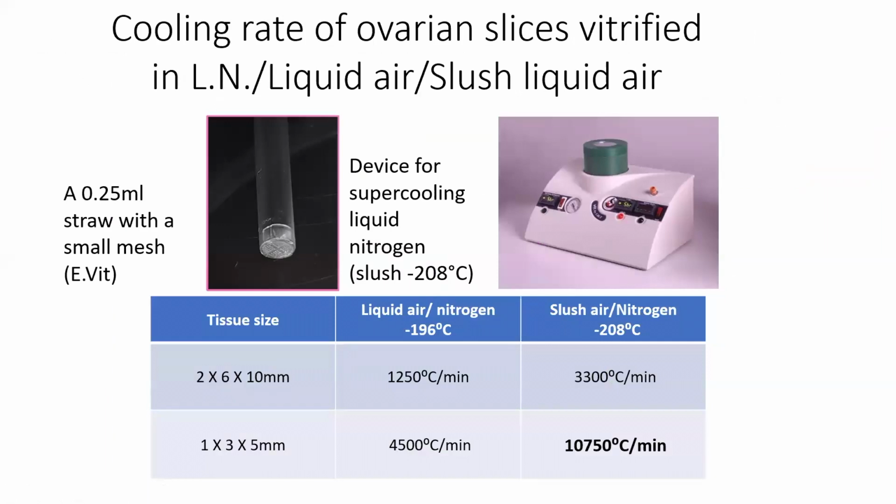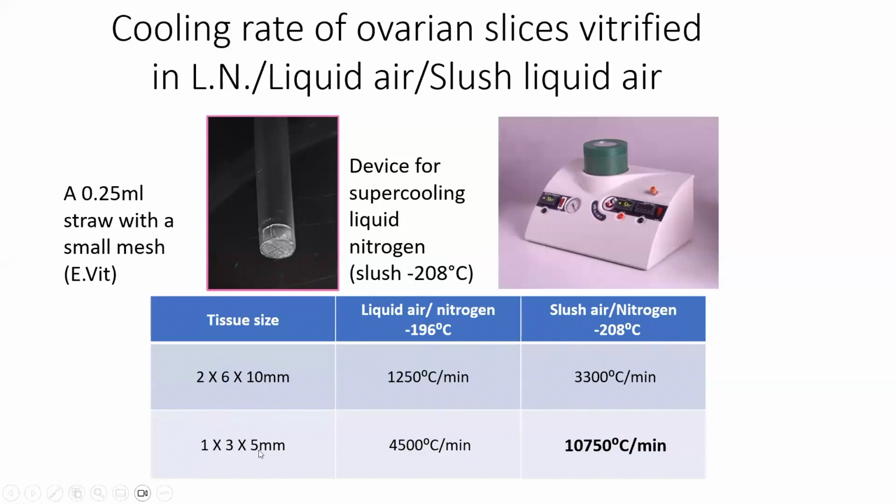So, temperature measurements with different sizes of tissue. We compared the large size of 2 to 6 to 10 millimeters with liquid nitrogen cooling to slush liquid nitrogen. There was a double cooling, but still not rapid enough to allow vitrification.